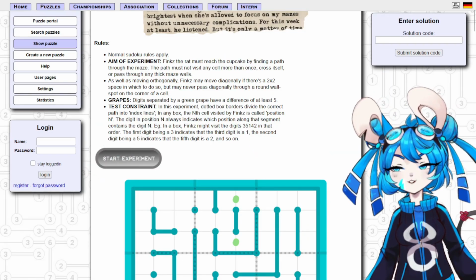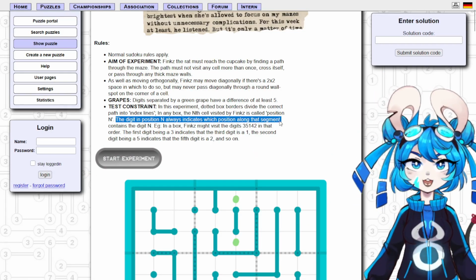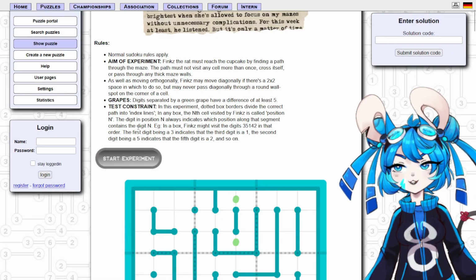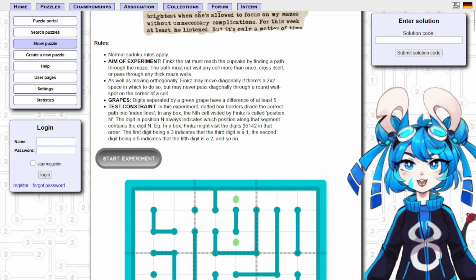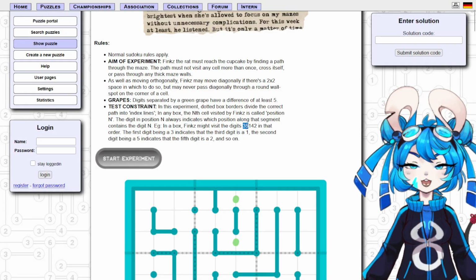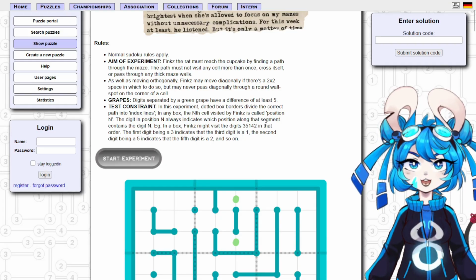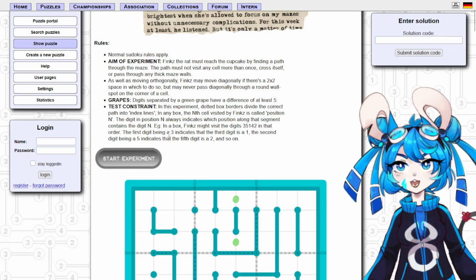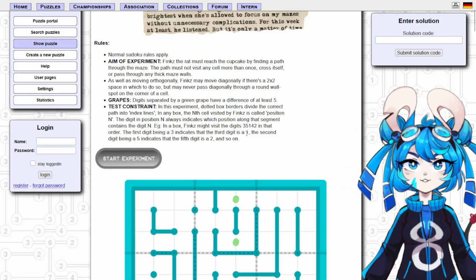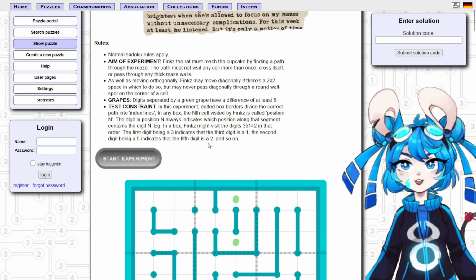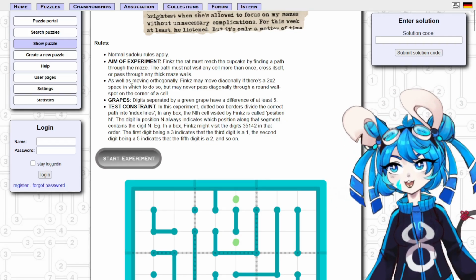The digit in position n always indicates which position along that segment contains the digit n. For example, in a box, Sphinx might visit the digits 3, 1, 4, 3, 5, 1, 4, 2 in that order. The first digit being a 3 indicates that the third digit is a 1. The second digit being a 5 indicates that the fifth digit is a 2, and so on.